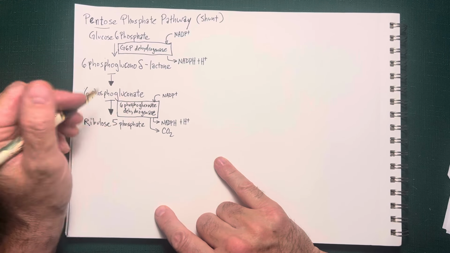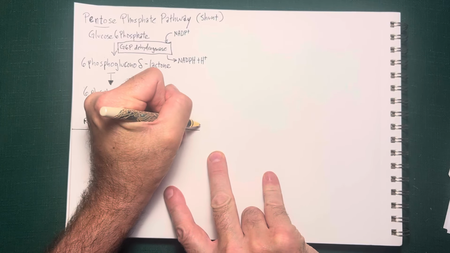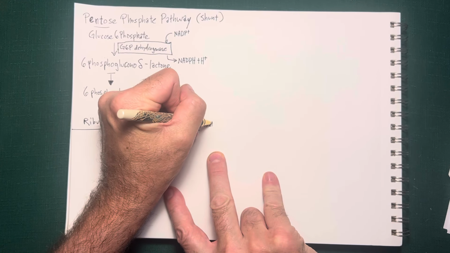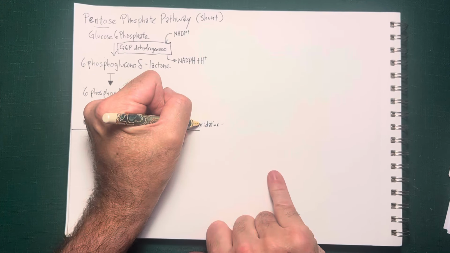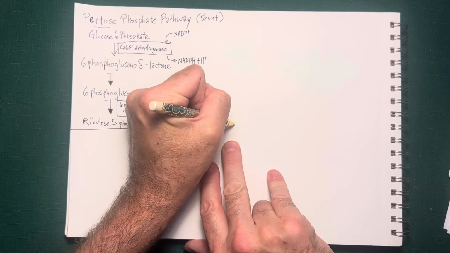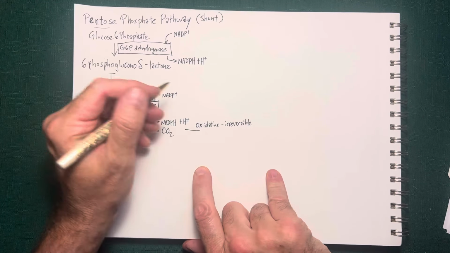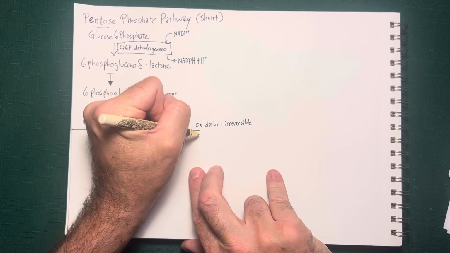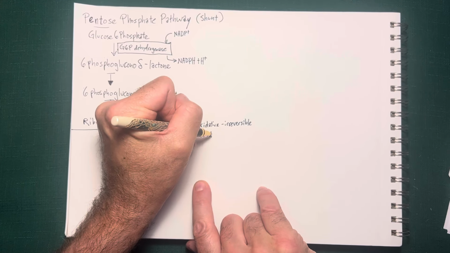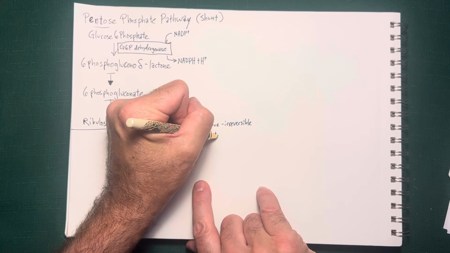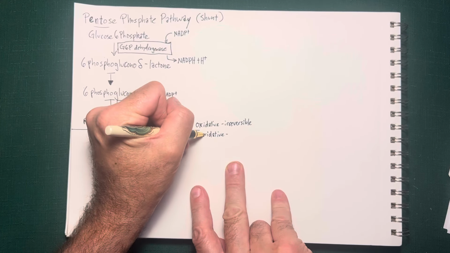Okay, at this point, we are done with the oxidative part of the pentose phosphate pathway. In those reactions, because we are harvesting those high energy electrons, they are irreversible. And we're pivoting to the second part of the pentose phosphate pathway, which is the non-oxidative part.